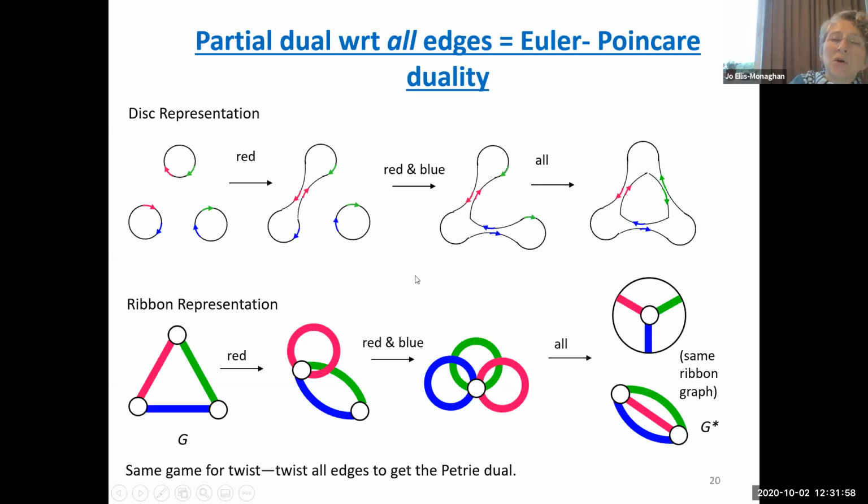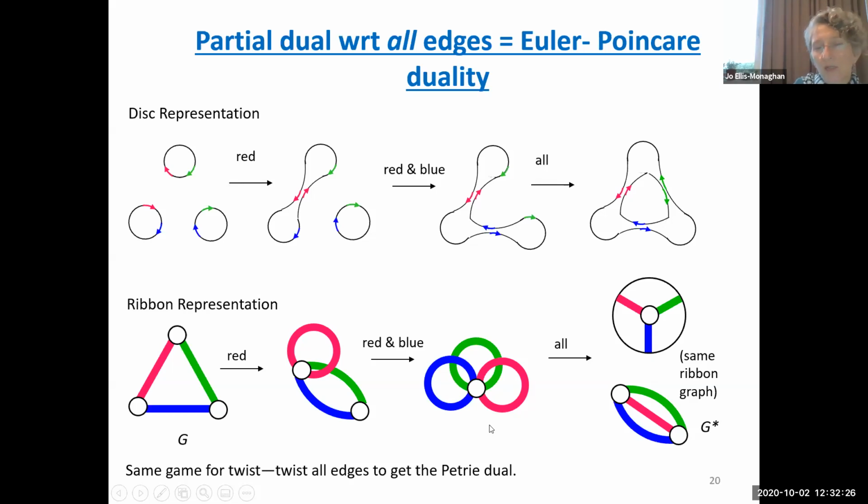Now we take the partial dual with respect to the blue edge. We're going to take these two here. We join the two vertex discs and make the perpendicular edge. This is now one vertex, and if you attach the ribbons to the little arrows, you get this graph.